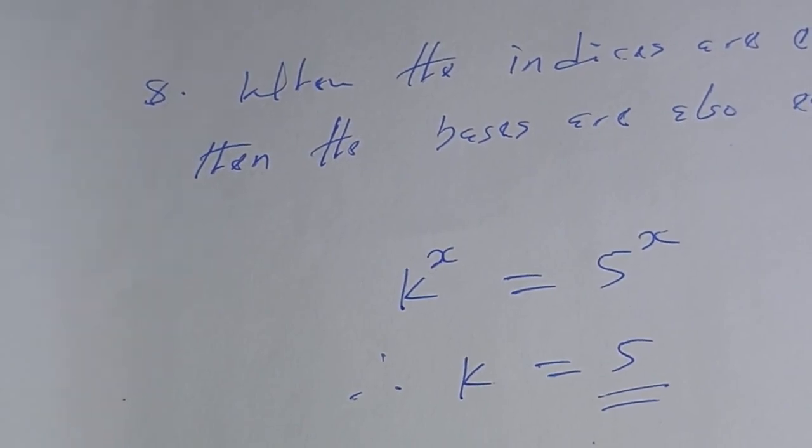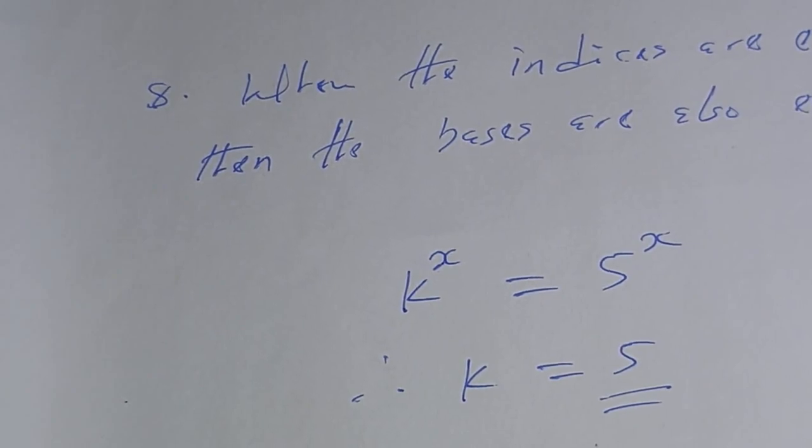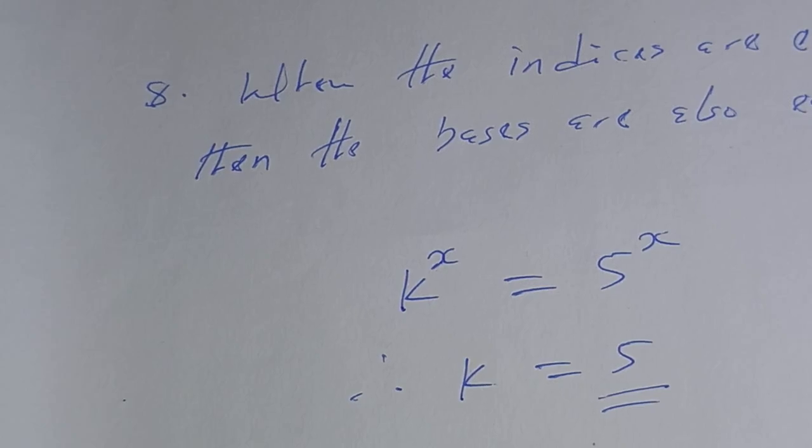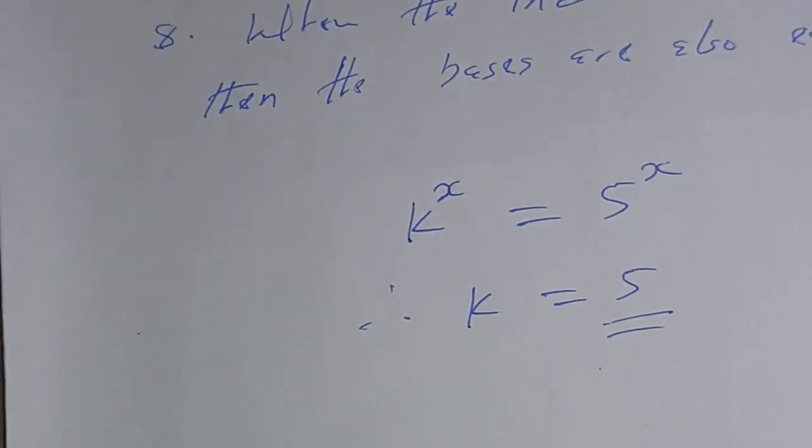That's law number 8. Please know they are converse of each other. Law number 7 and law number 8 are the opposite of each other. While law number 7 states that when the bases are equal, the indices are equal, law number 8 states that when the indices are equal, then the bases also are equal. So that's law number 8.